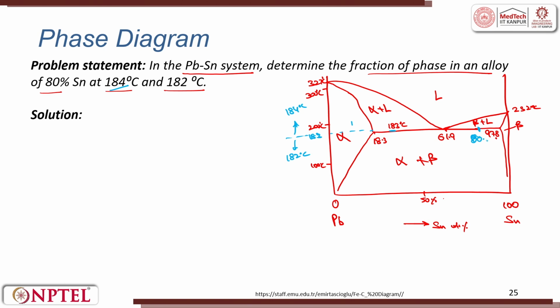This also I am leaving for you. You can use the lever rule to determine the compositions above and below 183 degrees. That means you would have to find what is there at 184 degrees, then also calculate at 183 degrees what is there, and we will calculate for the beta phase.